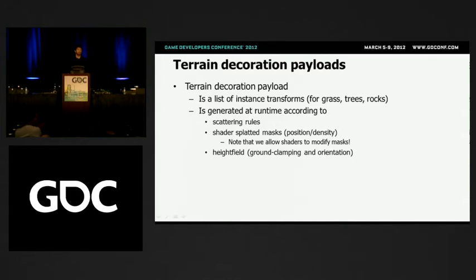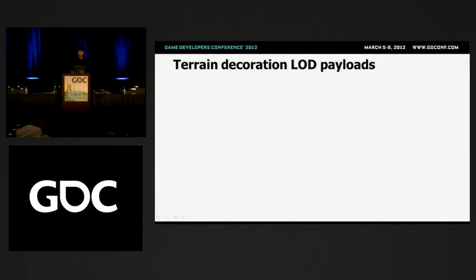It takes masks that the artist has painted, and it takes the height field. And the algorithm actually runs across both GPUs and SPUs and CPU. And when it's finished, it has taken all this input and generated a local list of instance transforms for that particular area.